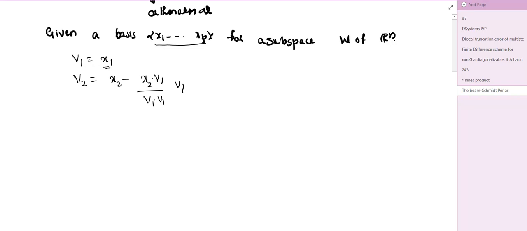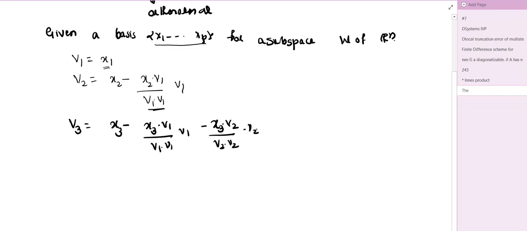Then similarly when you want v3, it is x3 minus x3 dot v1 upon v1 dot v1 into v1, minus x3 dot v2 upon v2 dot v2 into v2, and so on.